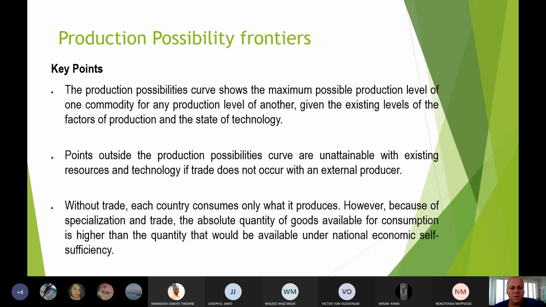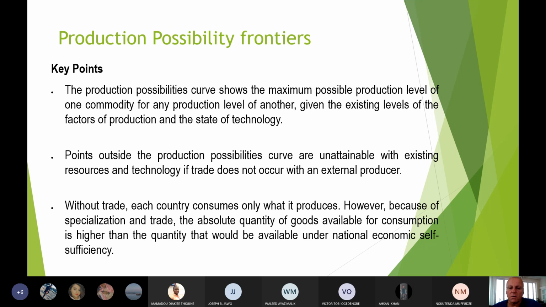The production possibility frontier is also important because this curve shows the maximum possible production level, as I mentioned to you, of one commodity for any production level of another, given the existing levels of the factors of production and the state of technology.